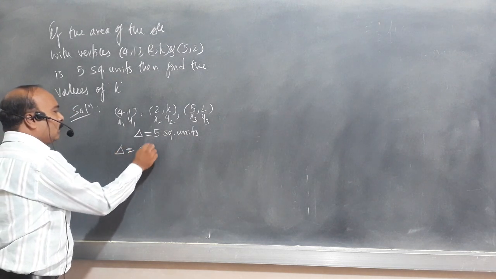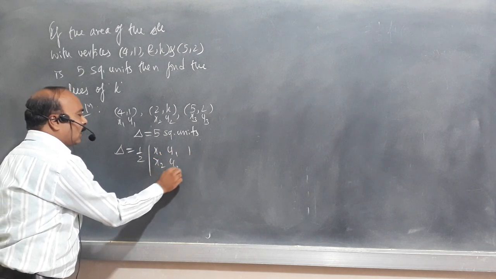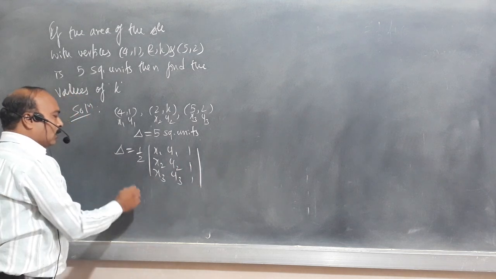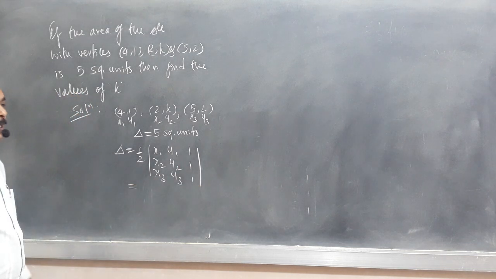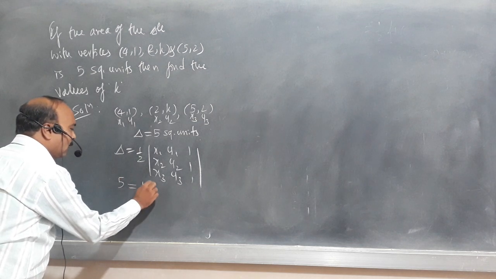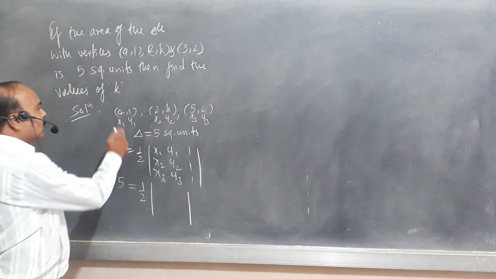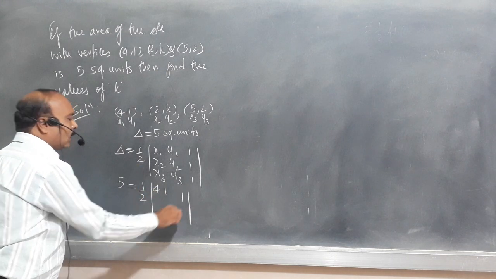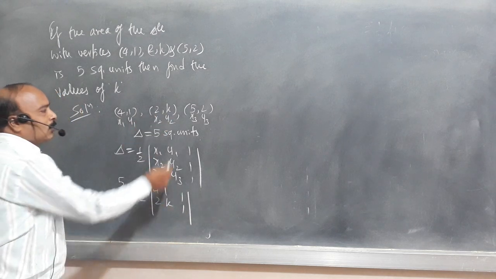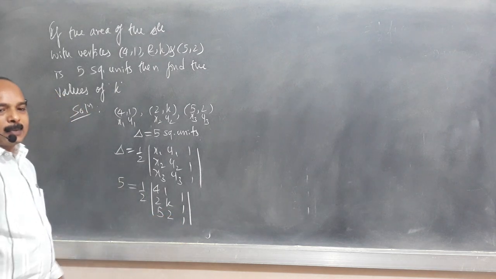Delta equal to 1 by 2 determinant of x1, y1, 1, x2, y2, 1, x3, y3, 1. Now we substitute the values on both sides. Delta value I substitute as 5, 1 by 2 as it is. Now x1, y1 value is 4, 1, 1, x2, y2 value 2k, 1, x3, y3 value 5, 2, 1.